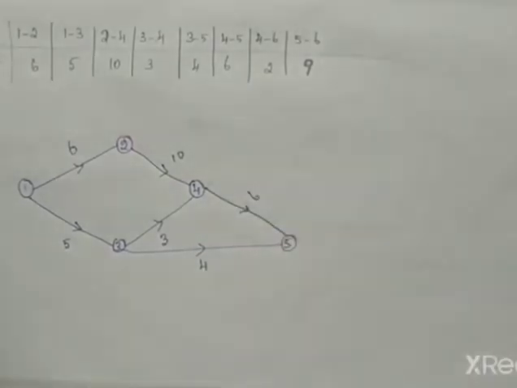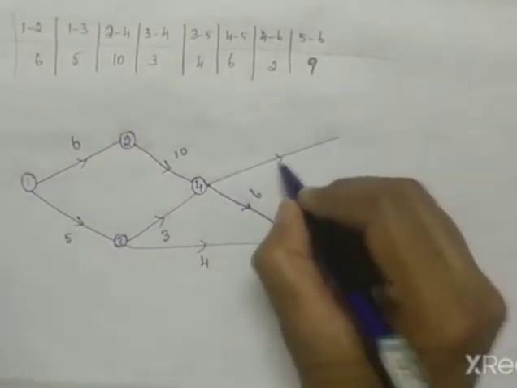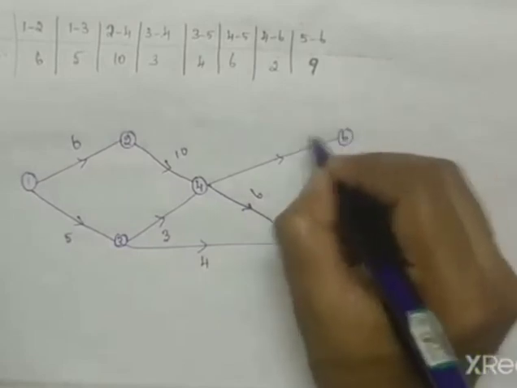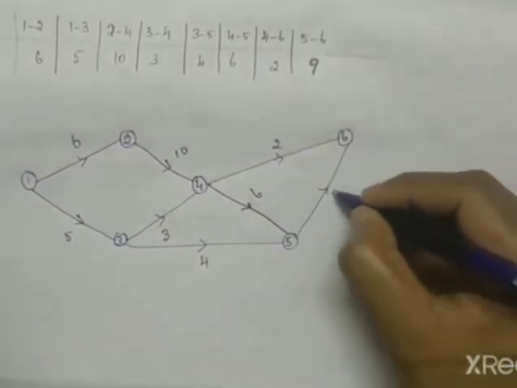The next will be 4 to 6, the duration is 2. The next will be 5 to 6, the duration is 9.